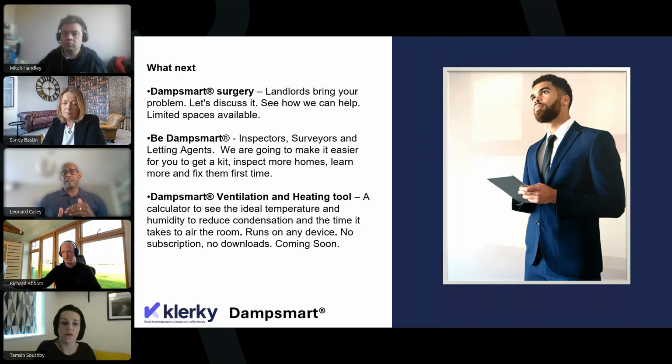And linked to that, we will be issuing a simple calculator that you can put temperature and humidity into, understand what's going on outside, and it'll tell you what the moisture content is inside and what ventilation is needed to actually take that moisture out. That'll be coming out soon, but it's all about helping people be a little bit smarter in how they diagnose, but also how they then fix.